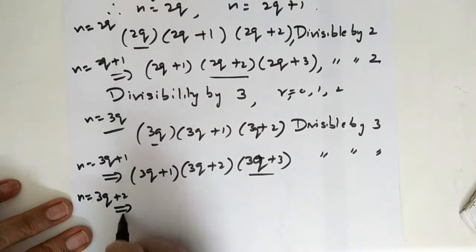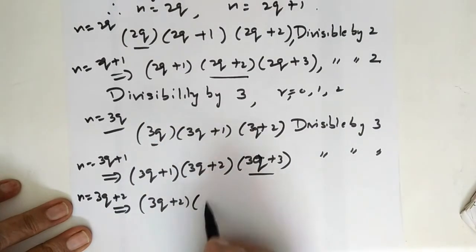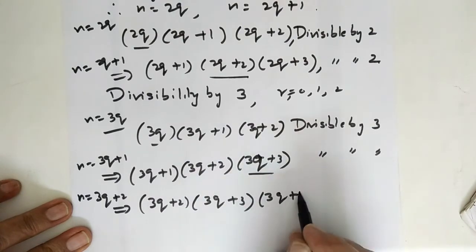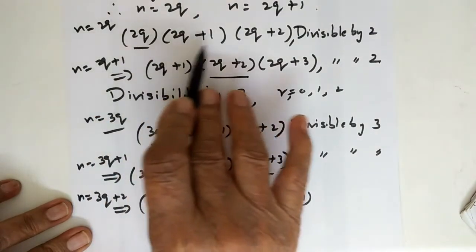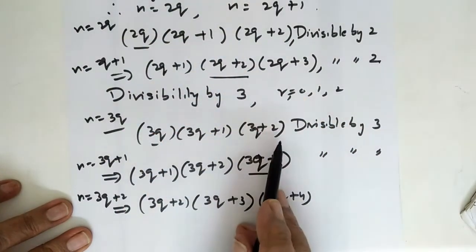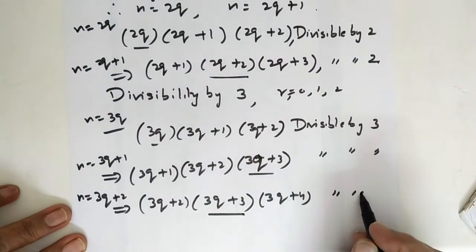It will become 3q plus 2, 3q plus 3, 3q plus 4. ये कॉन्जिक्यूटिव नंबर हैं, हर एक में एक एक बढ़ता जा रहा है. Again, due to this, it is divisible by 3.